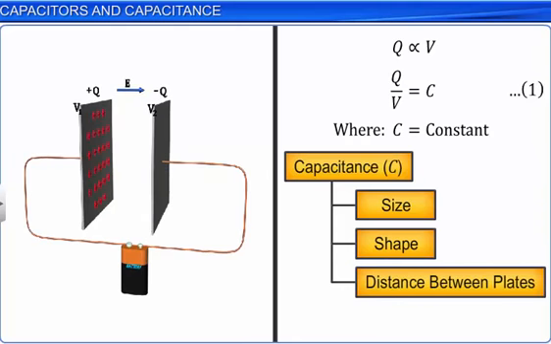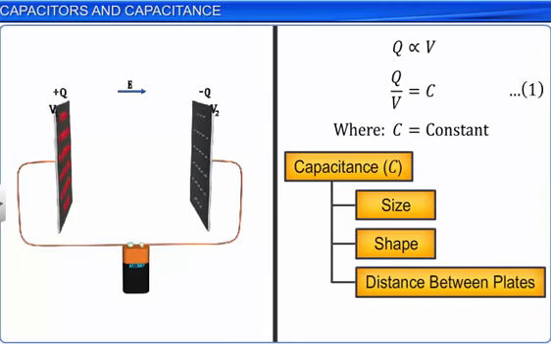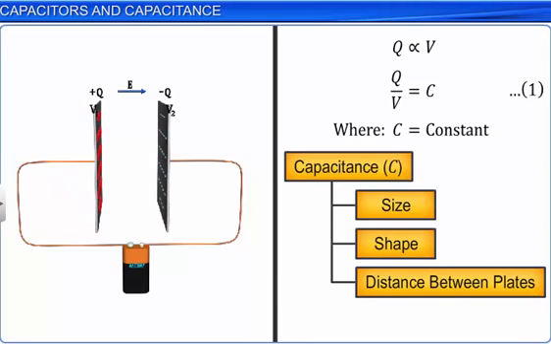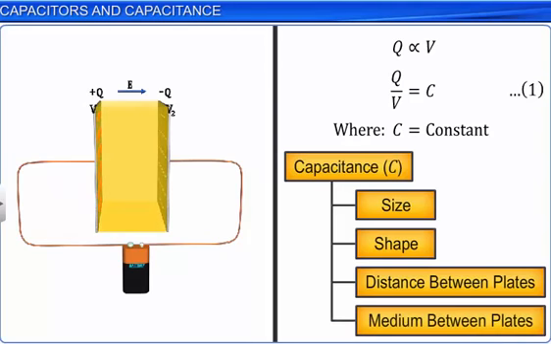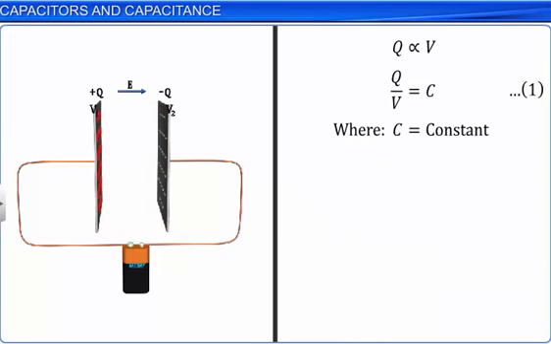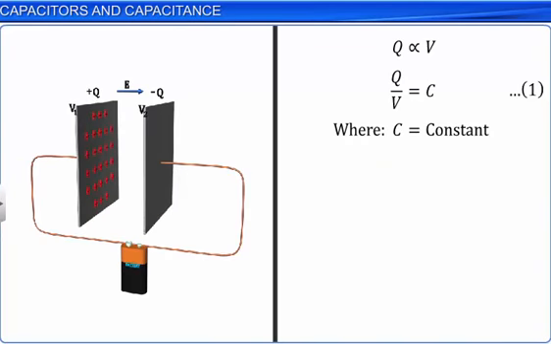The SI unit for capacitance C is the ratio of SI unit of charge to SI unit of potential difference, which is Coulomb per volt. It is also referred to as farad, named after the English physicist Michael Faraday.